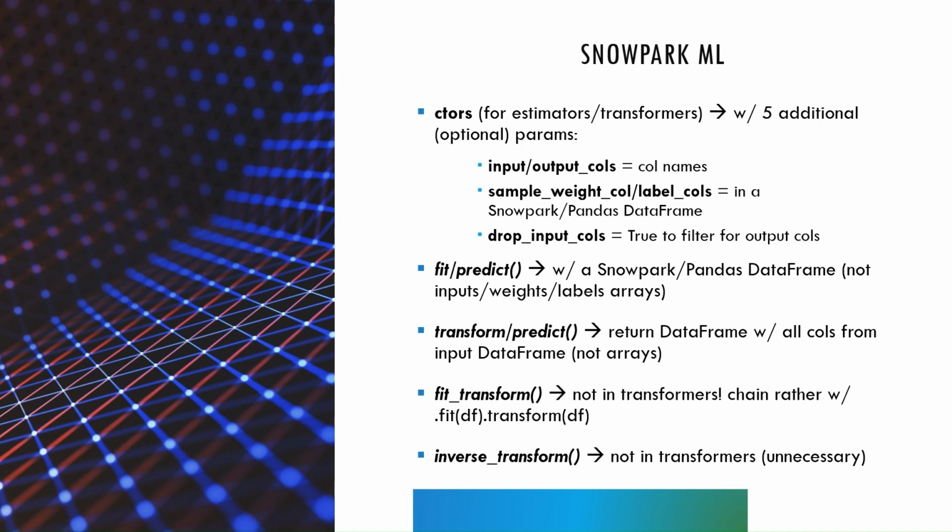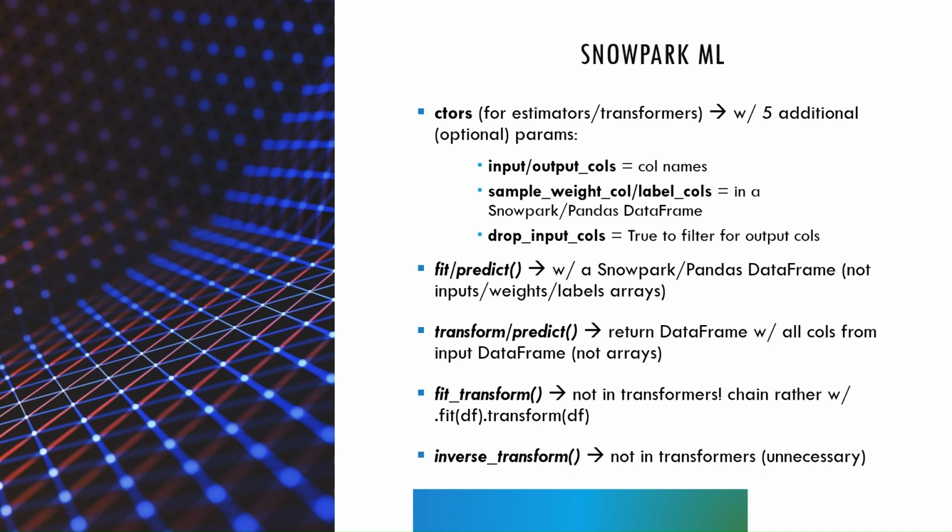Fit and predict will now execute with a Snowpark or pandas data frame, not inputs, weights, labels, arrays. Transform and predict will return a data frame with all columns from the input data frame, not arrays.